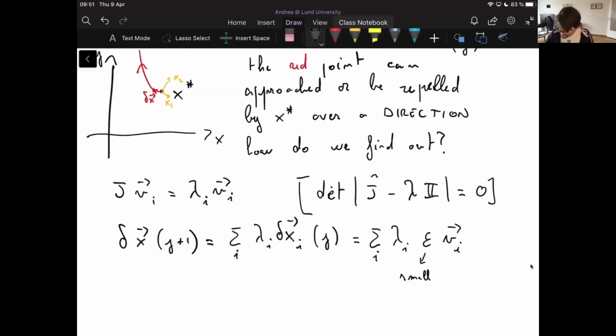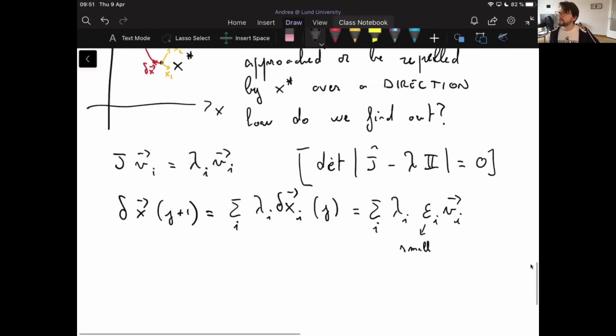So this notation indicates simply an expansion over all the possible eigenvalues and eigenvectors. So this gives us whether a fixed point is stable or not, in the same way that we did in one-dimensional systems.